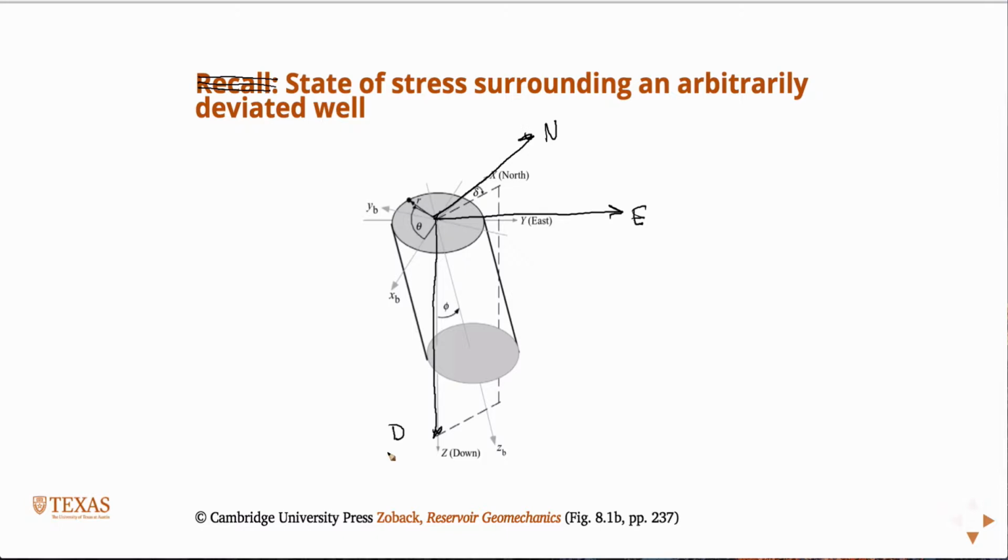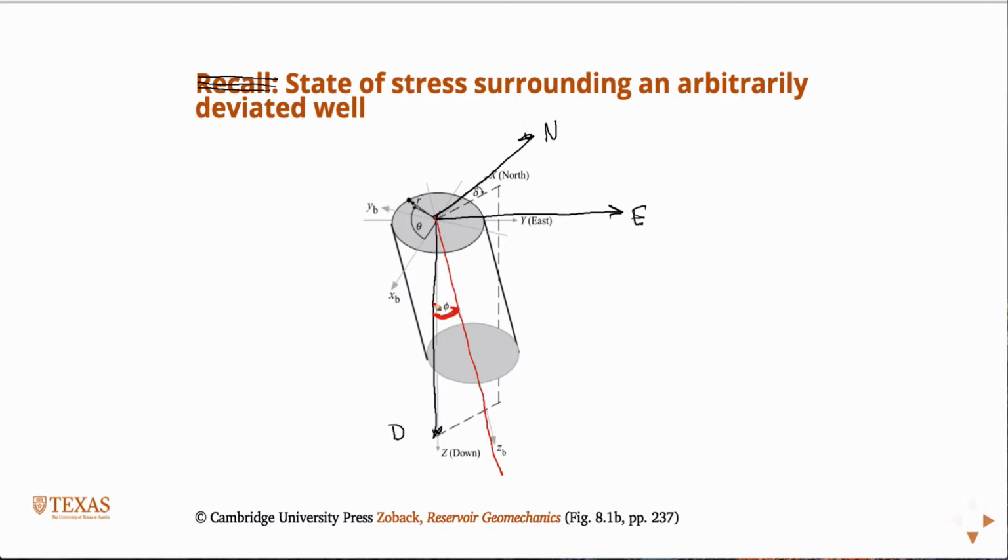So we have two rotations to get into the wellbore. One of them is the deviation angle. If you draw a line straight down the center of the wellbore, the deviation angle, phi, is the angle between down and that line through the center of the wellbore.